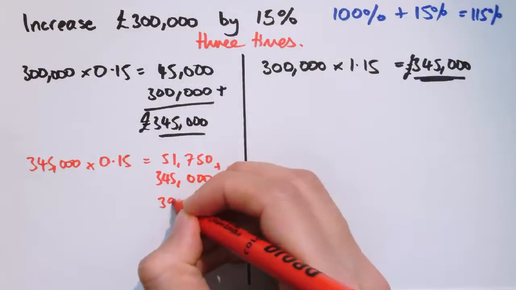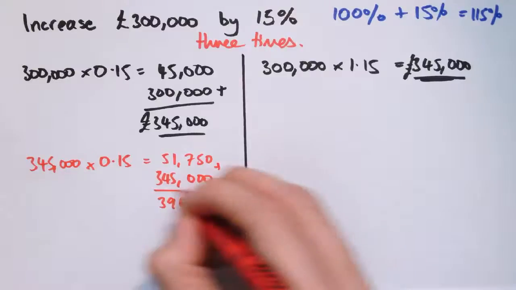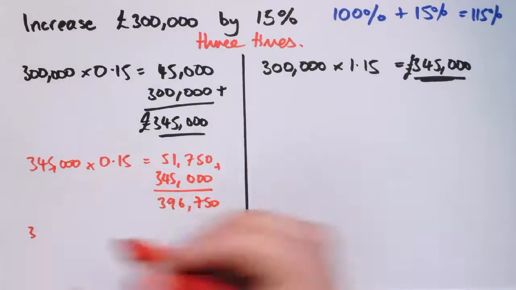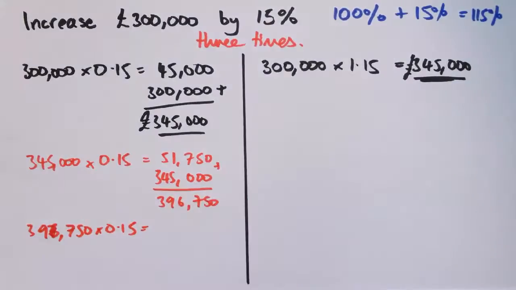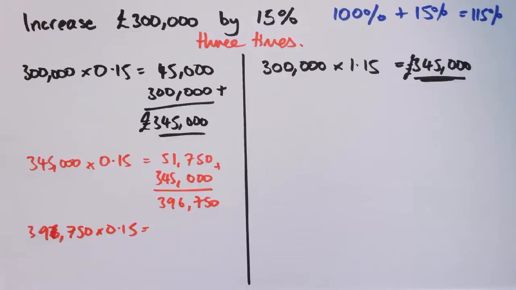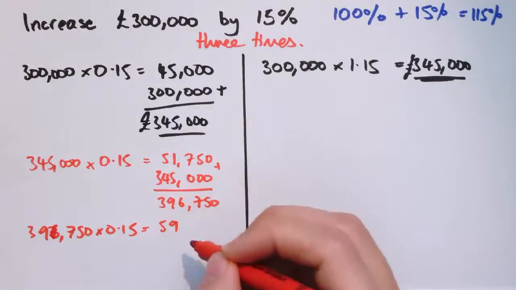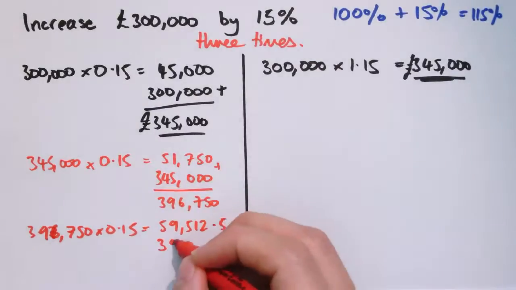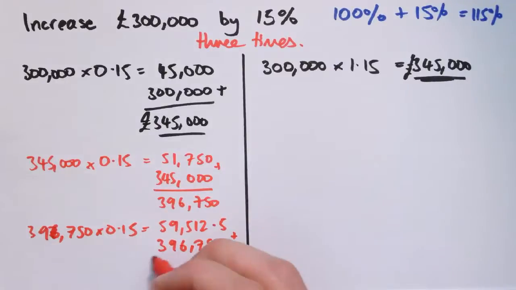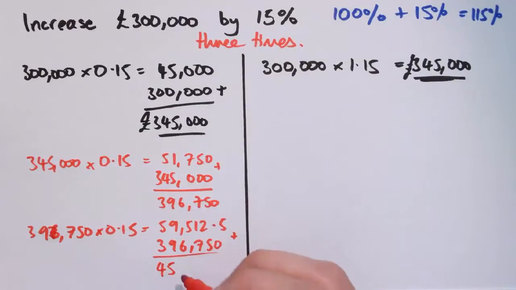And now I've got to do it again, so I've got to say 396,750 times 0.15 is this time 59,512.5, and now I'm going to add that on to 396,750, which gives a final answer of 456,262.50.